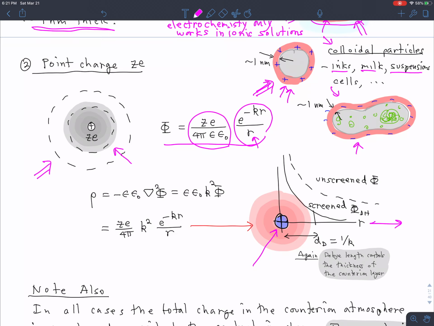And what this is telling us is that the potential, and therefore also the charge density, that is the counterion atmosphere, same function, decays like 1 over r, that's a slow decay. 1 over r is not very fast. And then also with an exponential decay, e to the minus kappa r.